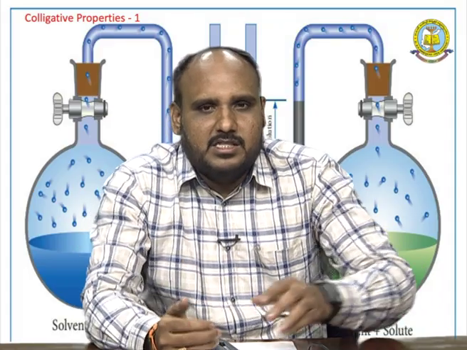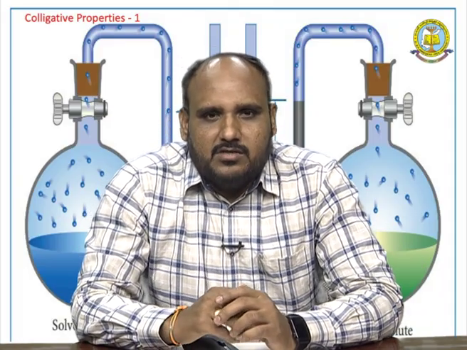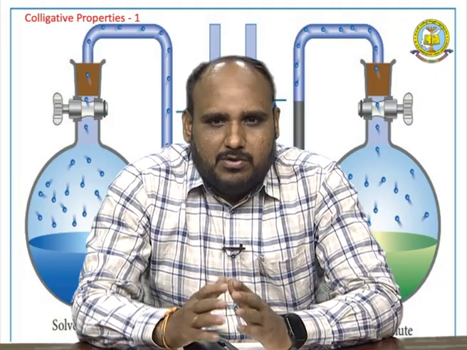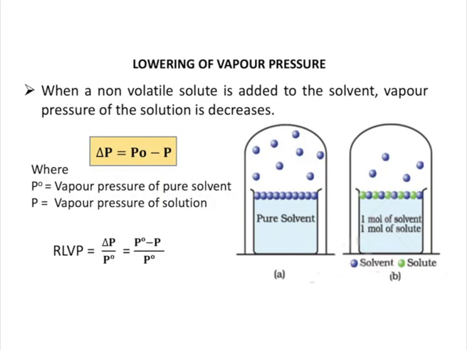When Raoult's law is applicable, we get four colligative properties. All these colligative properties depend only on the number of moles of solute, that is, how many moles of solute are dissolved in a solvent. With respect to that number, there is a development of a colligative property.